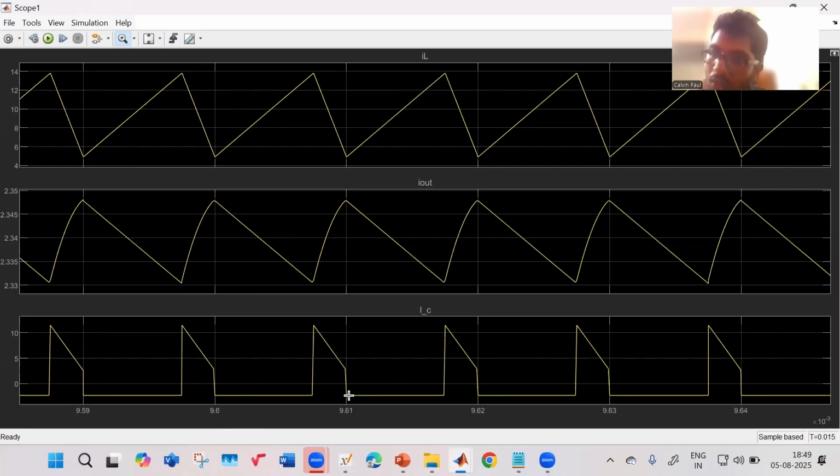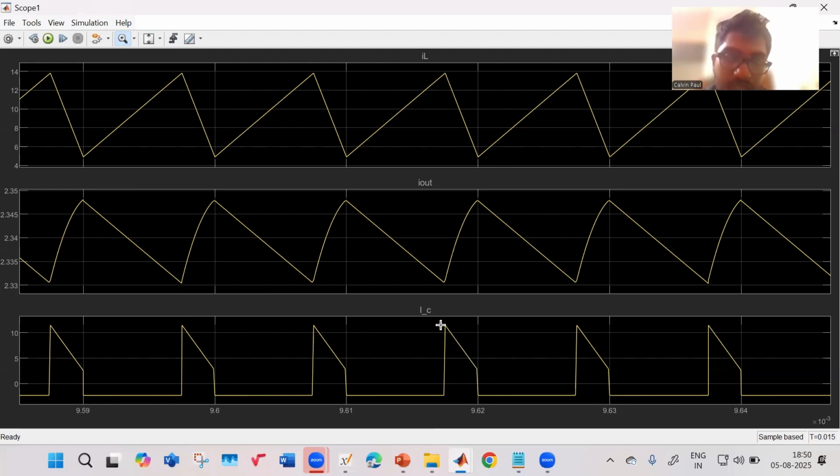When my Q is 1, that is, my inductor current is rising, my capacitor current is actually minus the output current. So it is around minus 2.3. And then when my Q is 0, when my inductor current is falling, my capacitor current goes to the inductor current value minus my output current. So it looks like this.